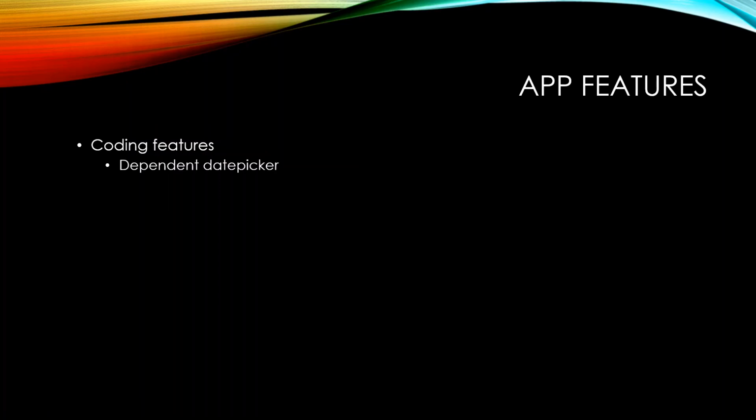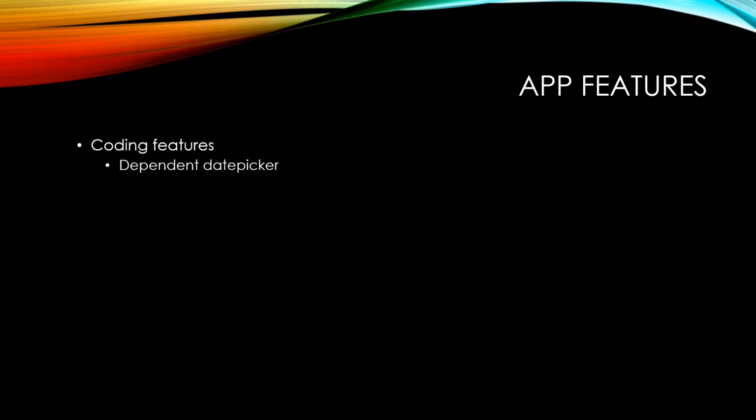By dependent date picker, what we mean here is, say if the user has selected 1st of December 2020 as the start date, then when we display the end date picker, the user should be able to select dates after 1st of December, because you cannot have start and end date on the same day, right? So the user should be able to select the end date after 1st of December.